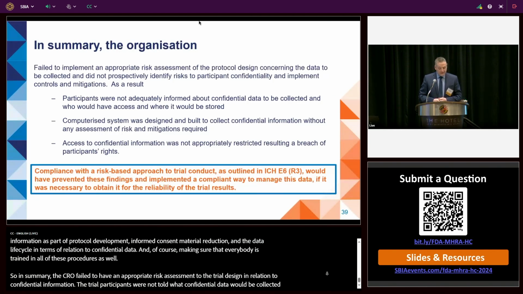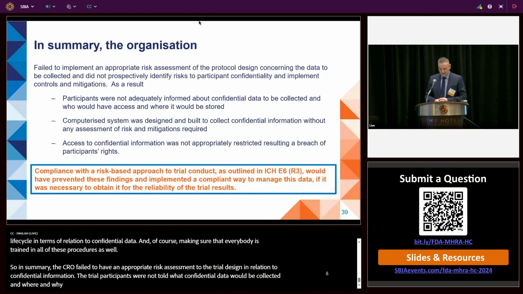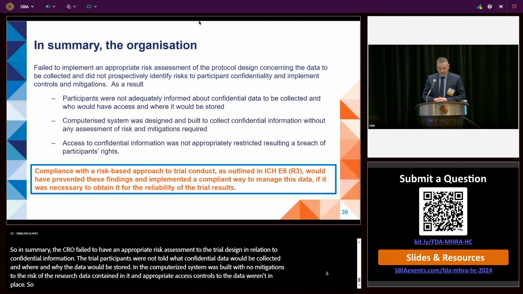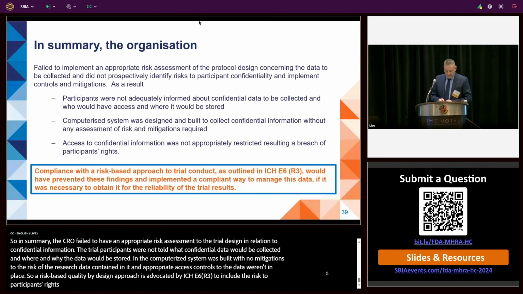And the computerized system was built with no mitigations to the risks of having such data contained in it, and appropriate access controls to the data weren't in place. So a risk-based quality by design approach advocated by ICH E6R3 to include the risk to participants' rights to confidentiality in trial design in trials that needed this data would have prevented this.